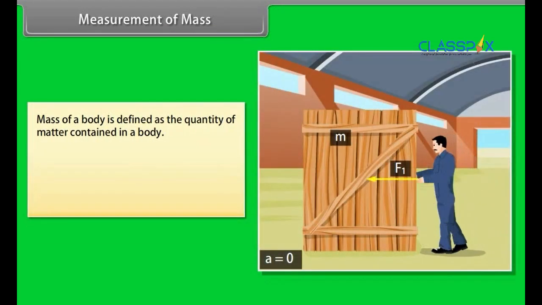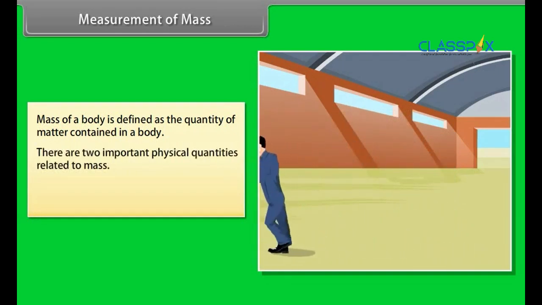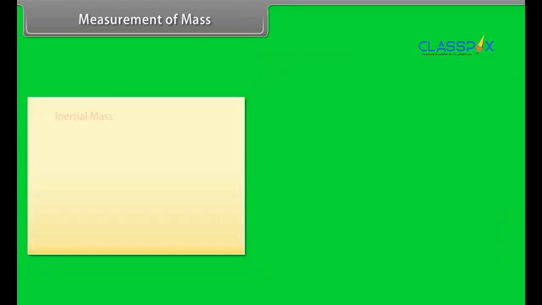Measurement of mass. Mass of a body is defined as the quantity of matter contained in a body. There are 2 important physical quantities related to the mass of a body. These quantities are inertial mass and gravitational mass. Inertial mass.